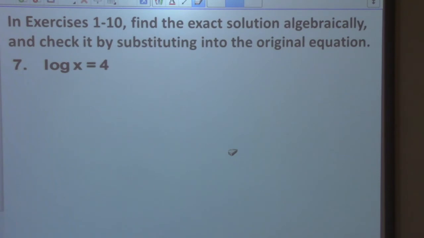I think we've done a problem like this twice. Do you need me to do this one? Somebody can do this one, right?